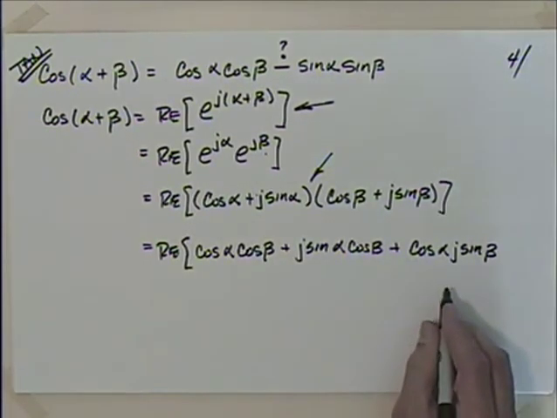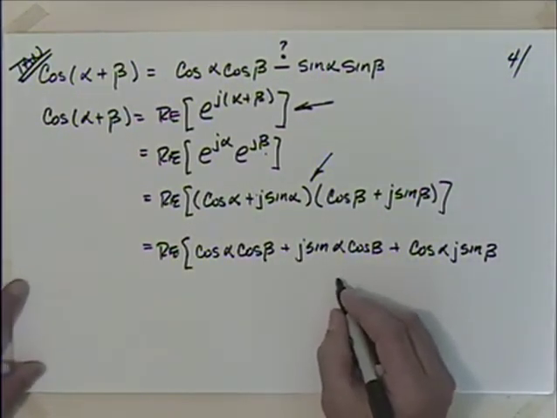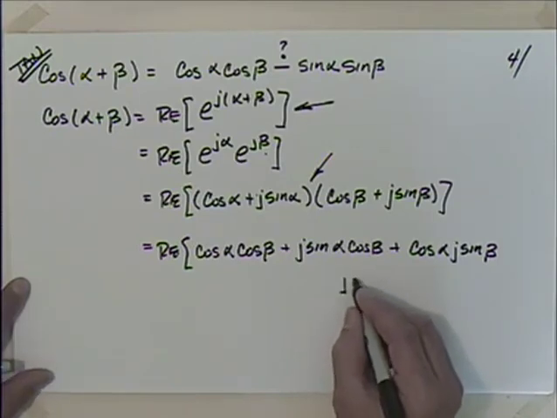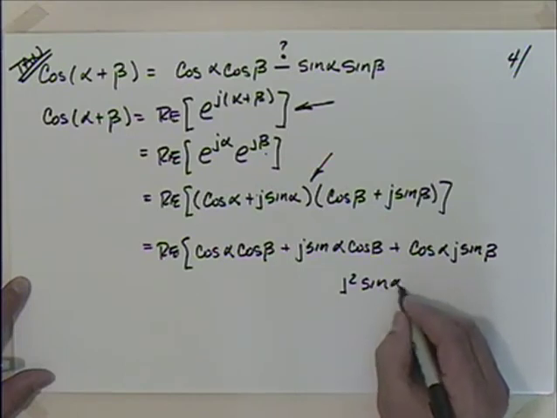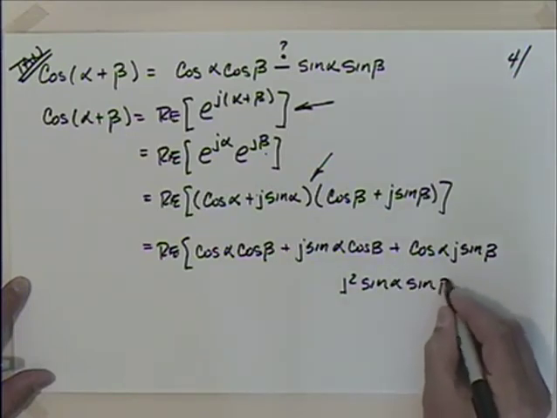It would have been a little better to do those in opposite order, but I think that's okay. And then I have what? j squared sine of alpha sine of beta, don't I?